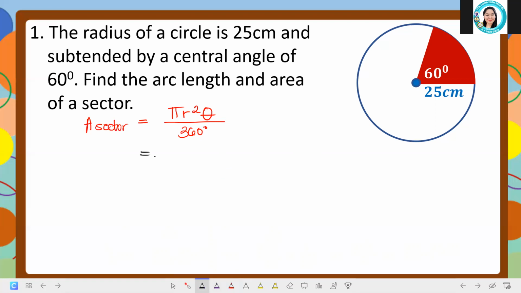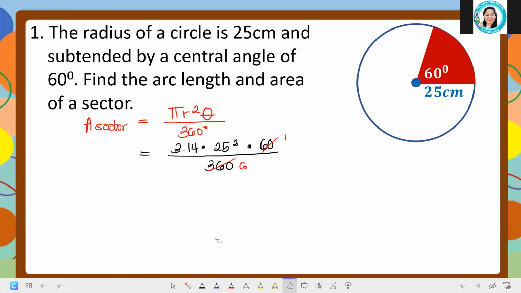We'll get pi 3.14 times r squared, that's 25 squared, times theta, which is 60, divided by 360. Again, you have to cancel out para mas mababa yung value.